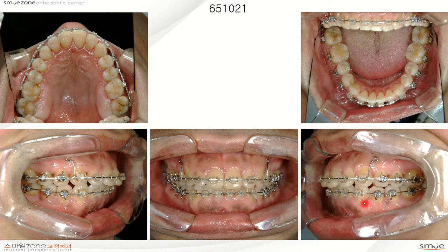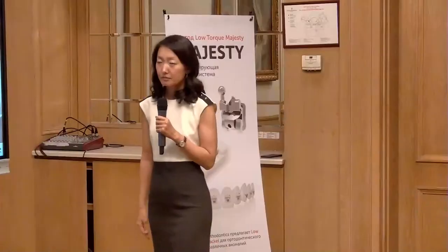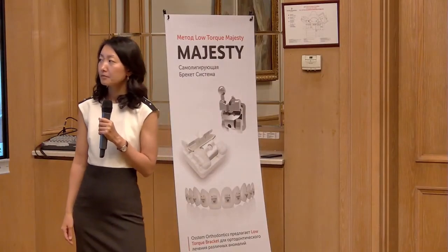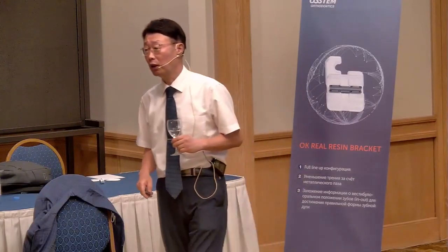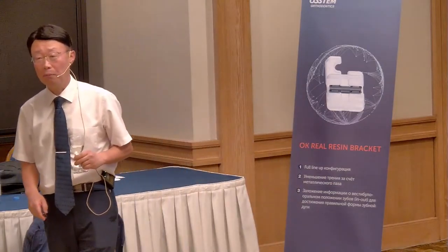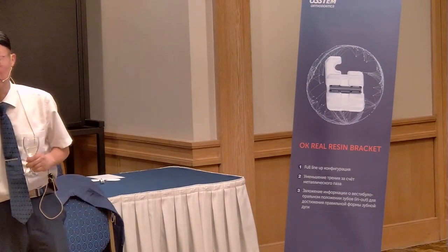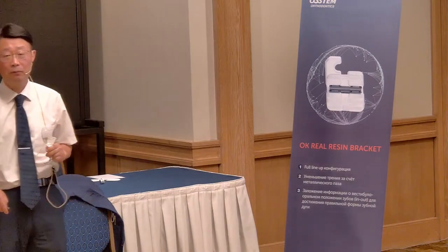So if you decide to move the upper rather than protract the lower, then maybe class 2 intermaxillary elastics cannot give the same result. So more specifically, we put on the mini screws and try to bring the upper dentition back. So, upper full arch retraction with the help of the mini screws.